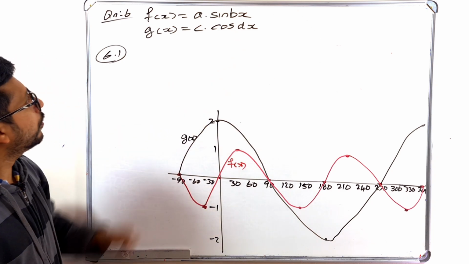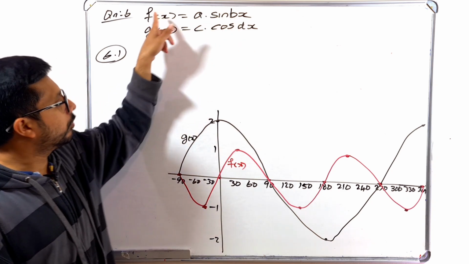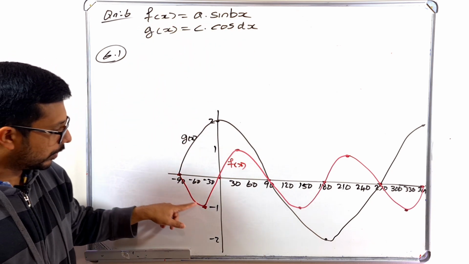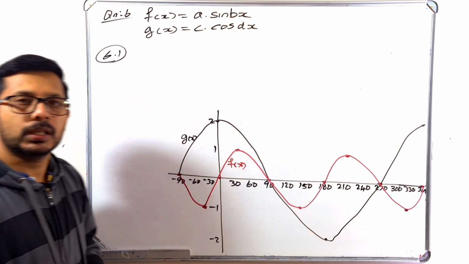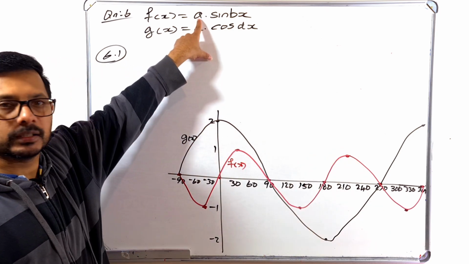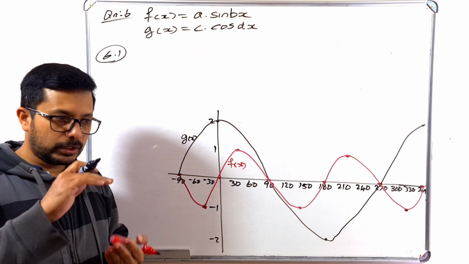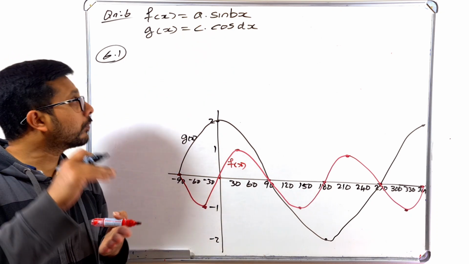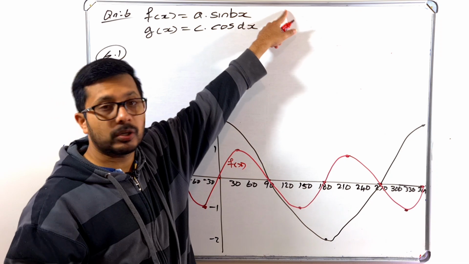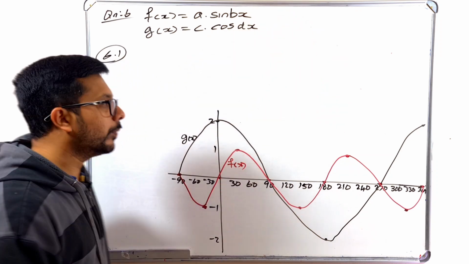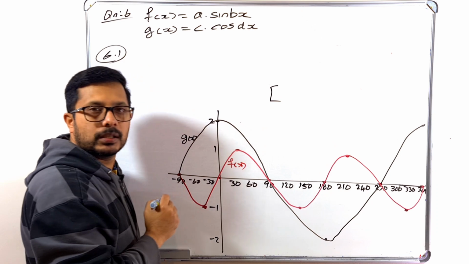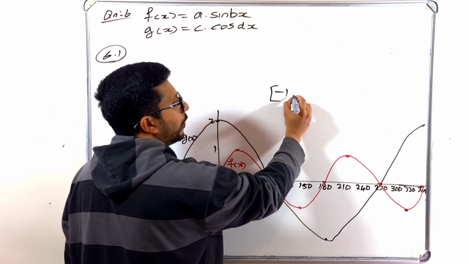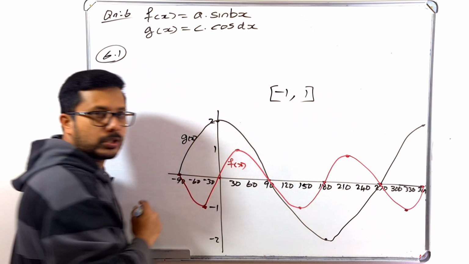Okay, so now A and B are on f of x. F of x is this one, this red graph. Am I right? So what is this A? A determines the range of the graph. So here there is no +1 or +2 or anything. So it means that this is a sine graph, and for a sine graph, what is the minimum and maximum value? -1 and +1.